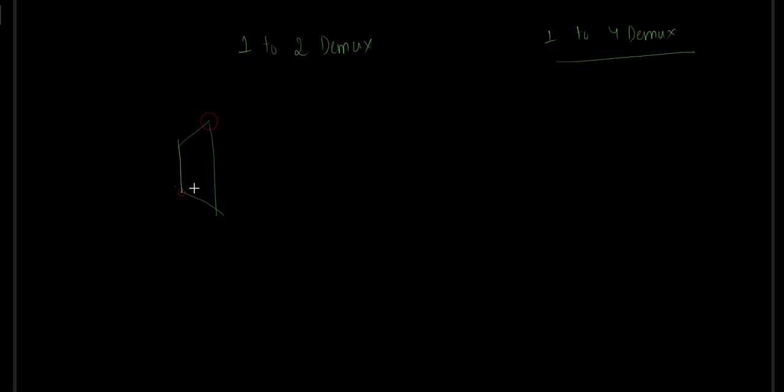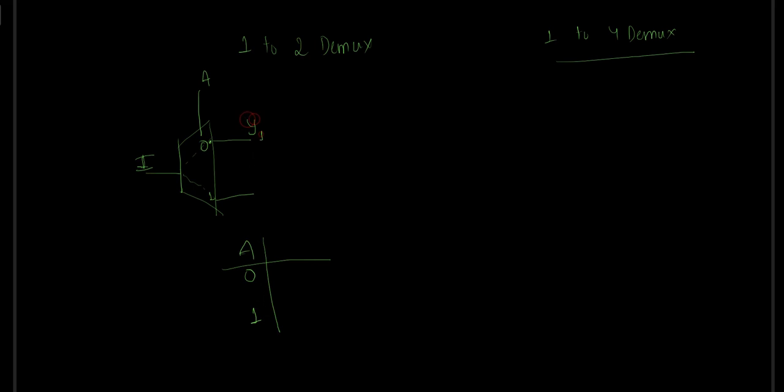On the basis of the select line, say this is my A. If A is 0, then the input will be sent to this output. If the select line is 1, then the input will be sent to the other. Say I is my input, and A is 0 or 1. A is a 1 bit input, so it will have two possible cases.